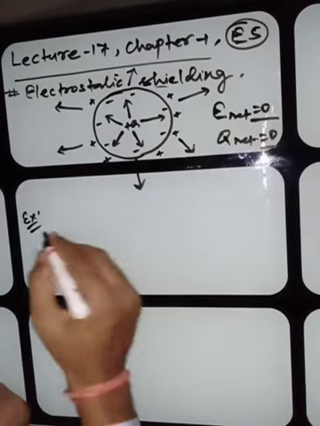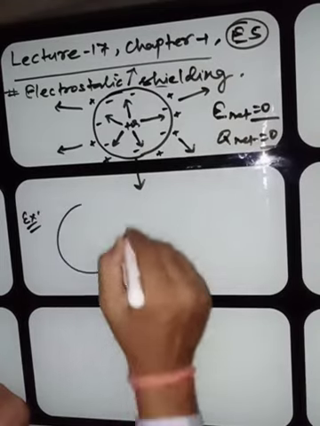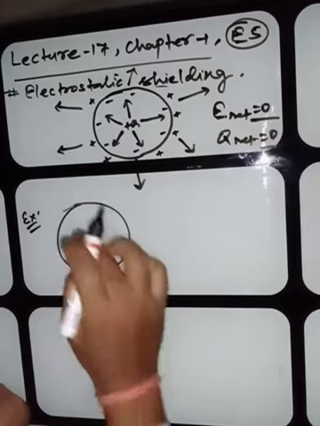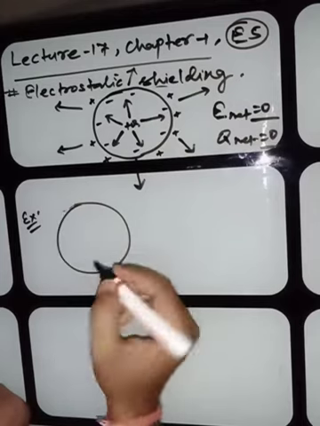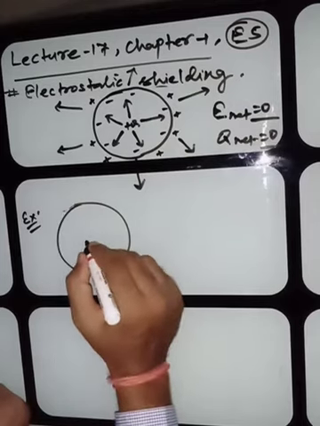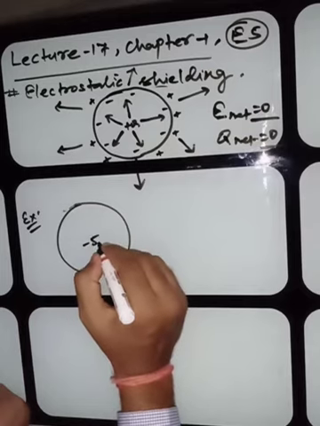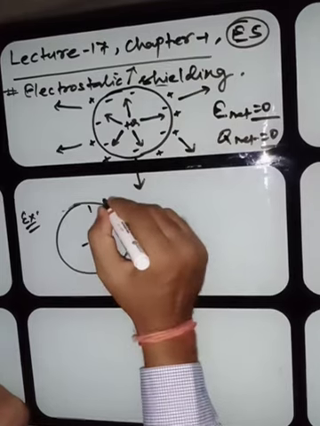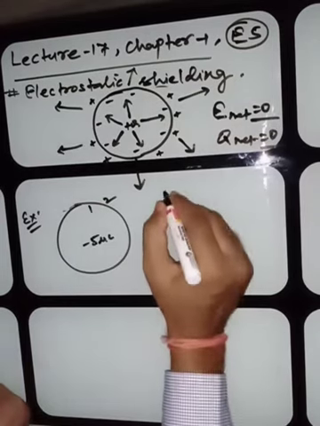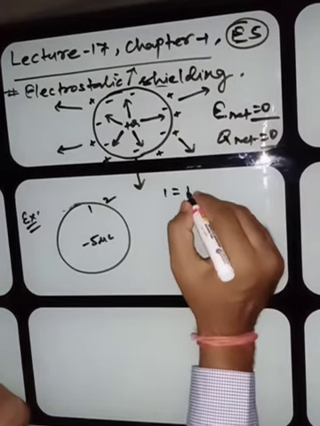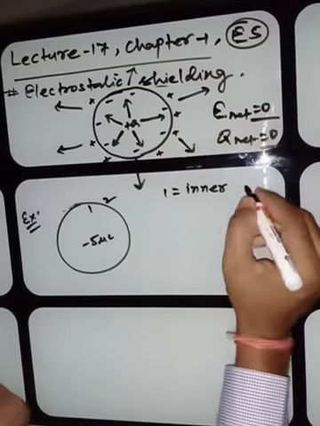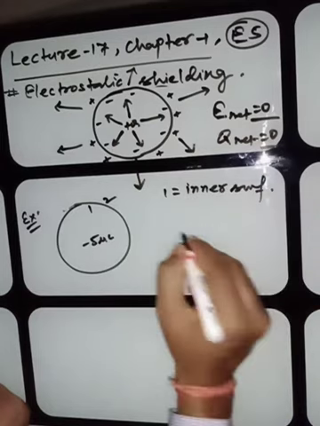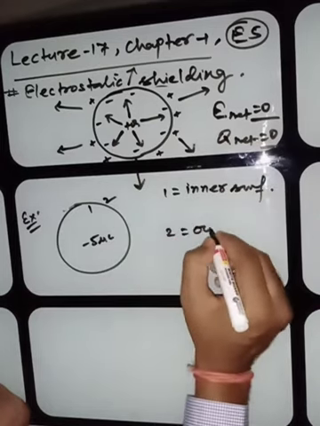The next simple example, my dear student: if this is a conductor and here I have placed a -5 microcoulomb charge. You have two surfaces, surface 1 and surface 2. Surface 1 is the inner surface and surface 2 is the outer surface.